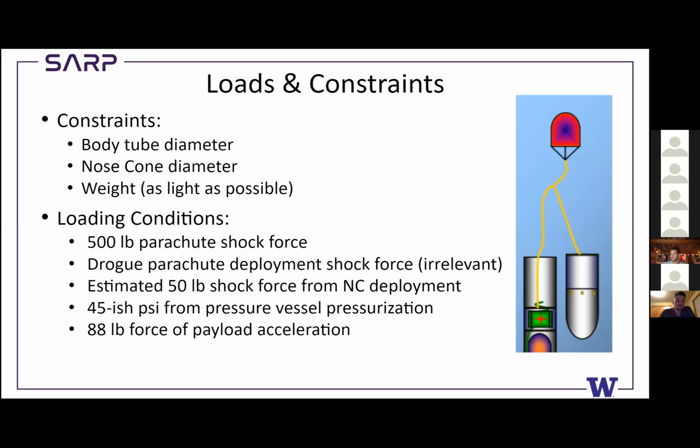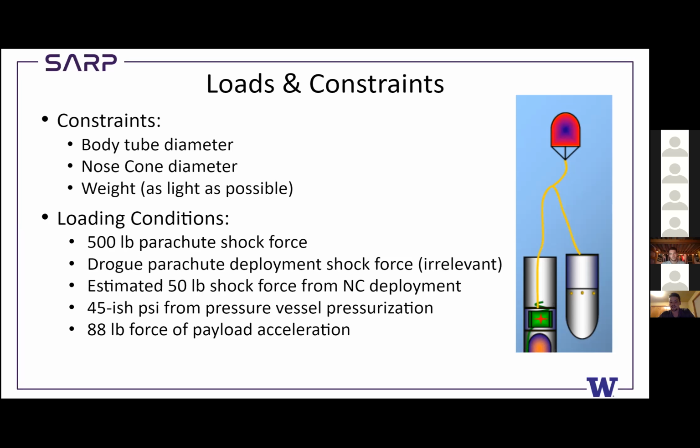So our loads and constraints, obviously we're constrained to the diameter of the upper body tube below us and the nose cone that's above us. And then again, weight, we'd like to keep this as light as possible. Our loading conditions are the same as last year, other than this estimated 50-pound shock force. This is from the new nose cone deployment, and this is actually a pretty conservative estimate.